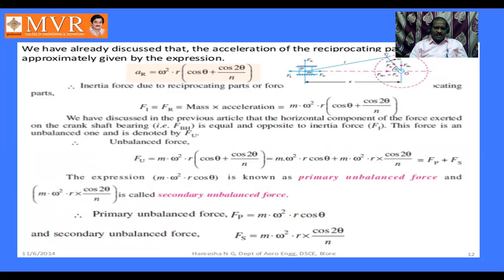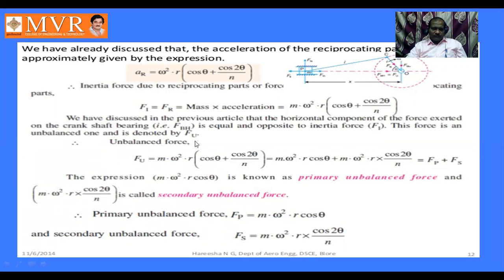This force is an unbalanced one and is denoted by Fu. I repeat, Fu is called the unbalanced force. It is due to the shaft bearing, FBH is equal and opposite to the inertia force Fi.